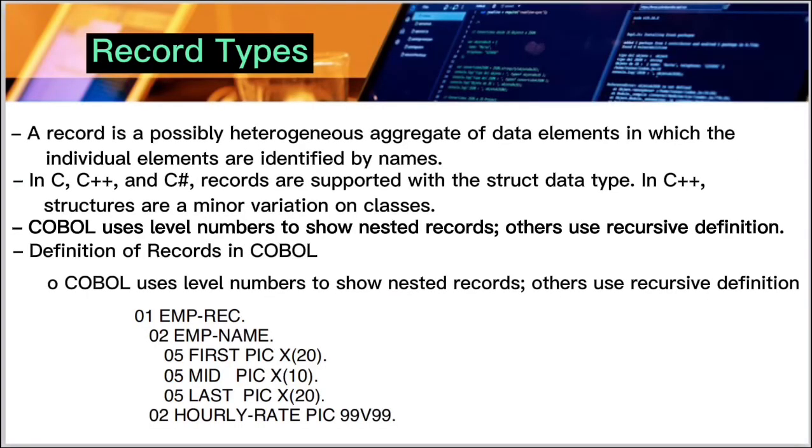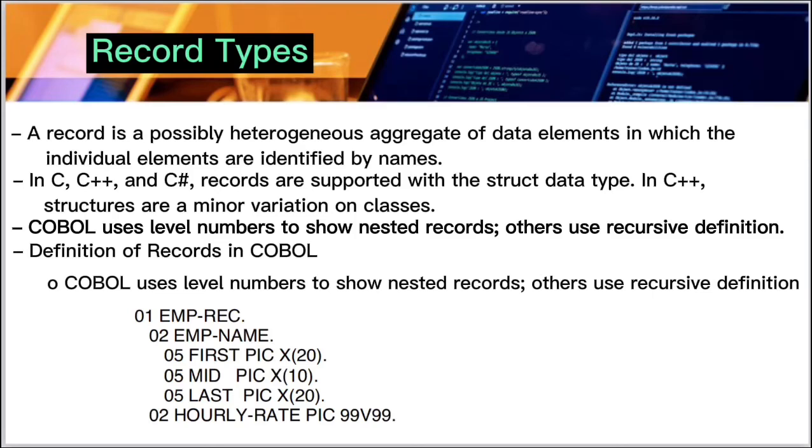Record types. A record is a possibly heterogeneous aggregate of data elements in which the individual elements are identified by names. In C, C++, and C#, records are supported with a struct data type. In C++, structures are a minor variation on classes.